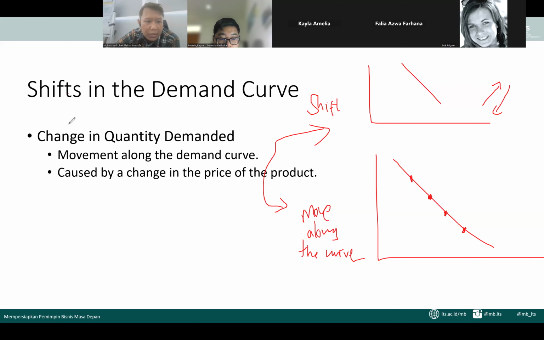For example, when we have a change in quantity demanded, say Ali, before he demanded 3 at a price of $2, but now he demands 4, or now he demands 2. The change in quantity demanded will result in a movement along the curve.